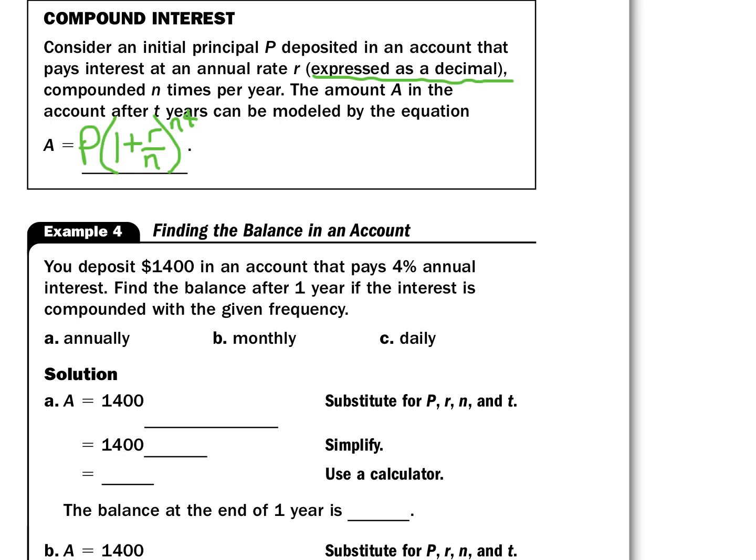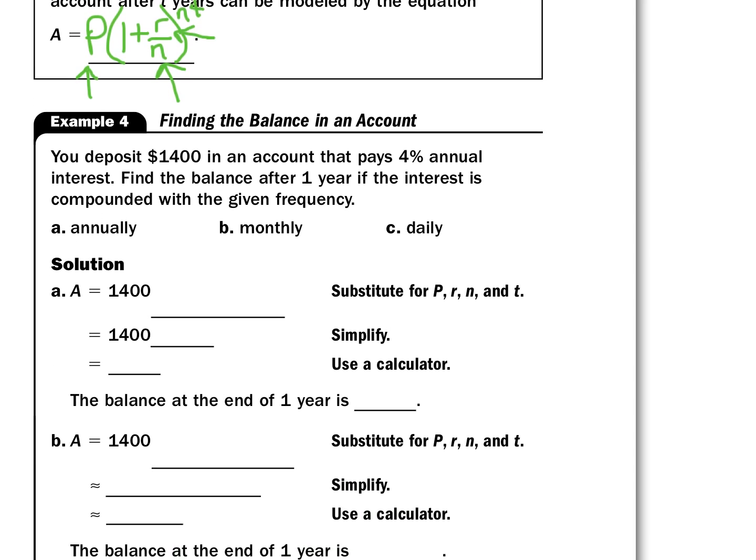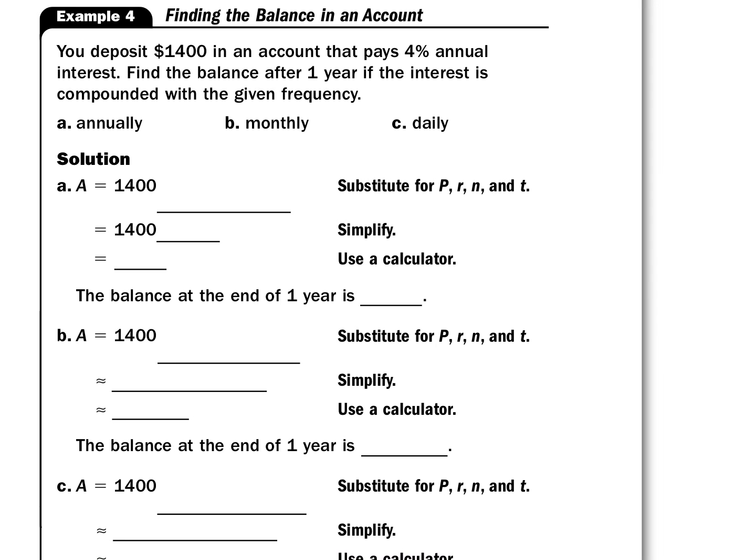So from here on out, basically, it's just plug and chug. Okay? All you have to do is know what P is, know what R is, and know what N is, okay? And then you can solve for any length of time you want. So in example 4, we're going to find the balance in an account.